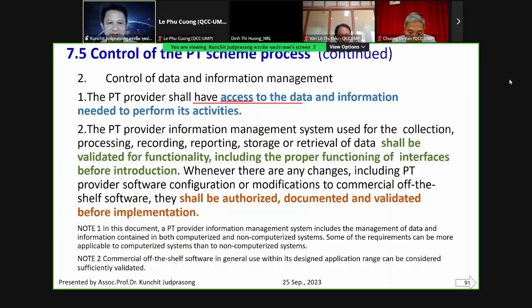The PT provider information management system used for the collection, processing, recording, reporting, storage, and retrieval of data shall be validated for functionality, including proper functionality of interfaces, before introduction. Especially for the Excel, I think most PTPs use Excel. How do we know that the formula in the Excel is valid? So you have to validate.